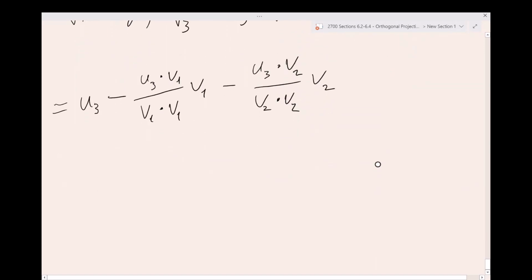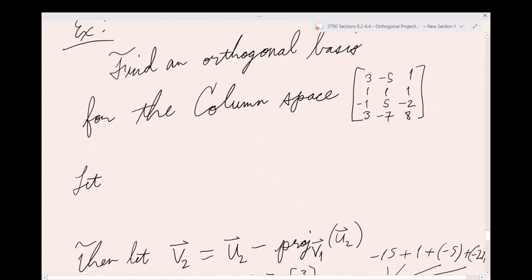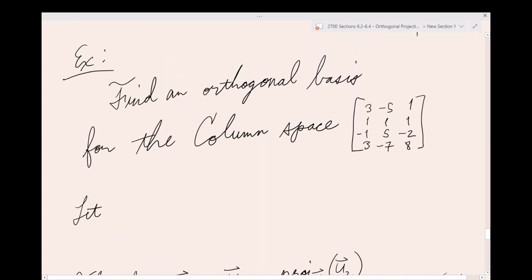So let's fill in what all those things are. What was our u3? Let's copy that real quick. Our third vector here was this guy.